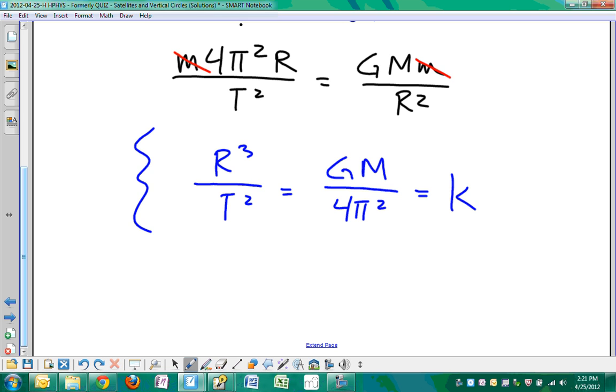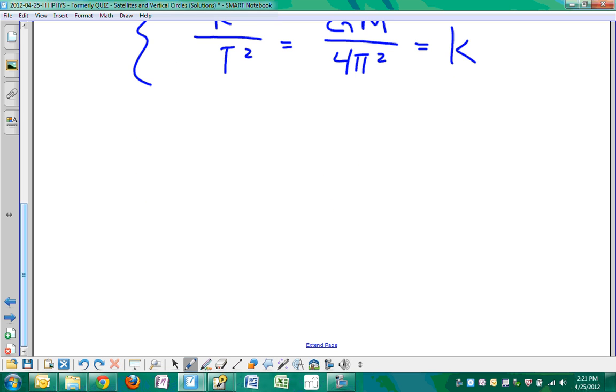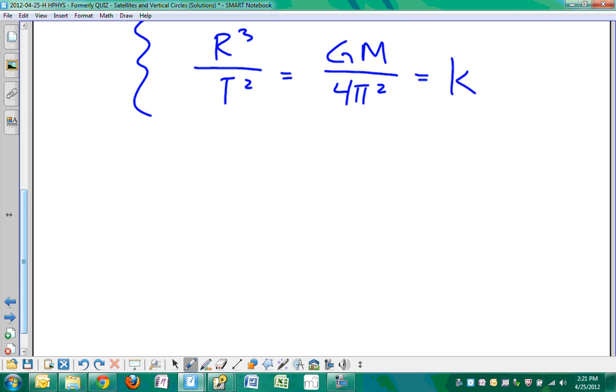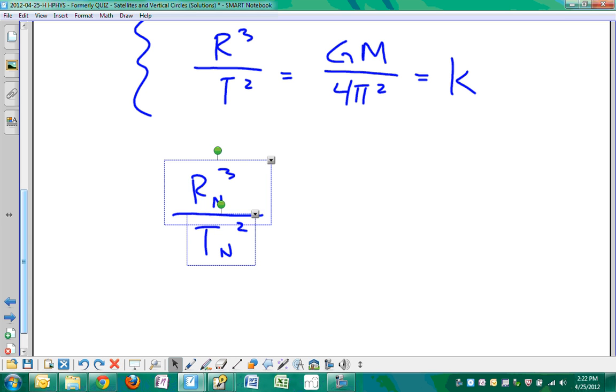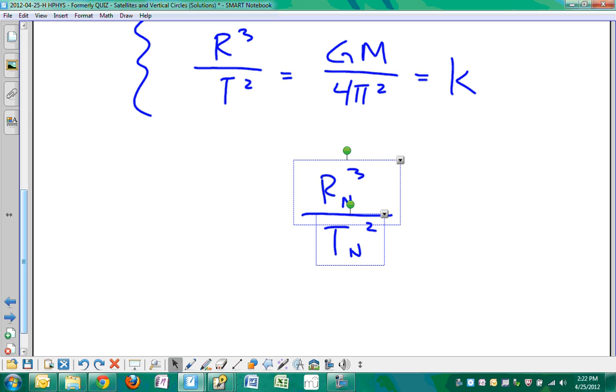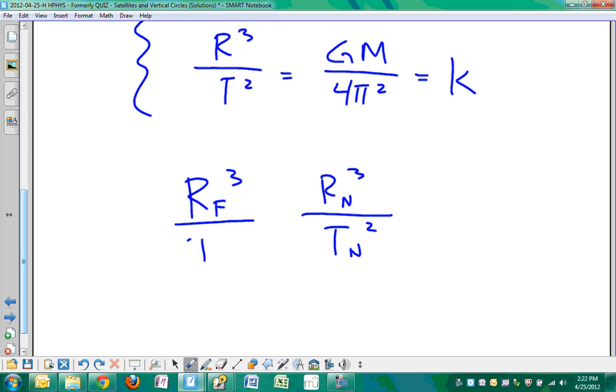If we know that this is true, that means that r cubed for the near planet over T squared for the near planet has got to be equal to, and since we're trying to solve for the farther planet, we'll put that on the left-hand side, r farther cubed over T farther squared. We're trying to find the relative speeds.